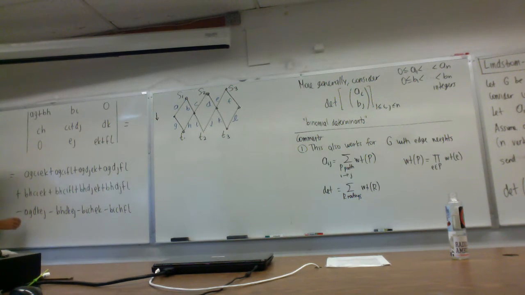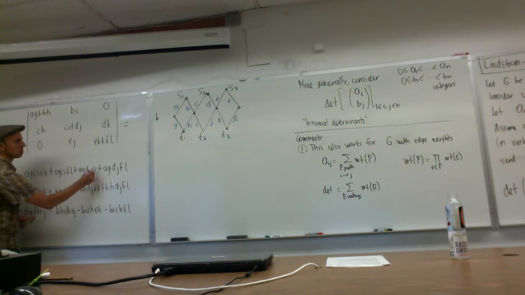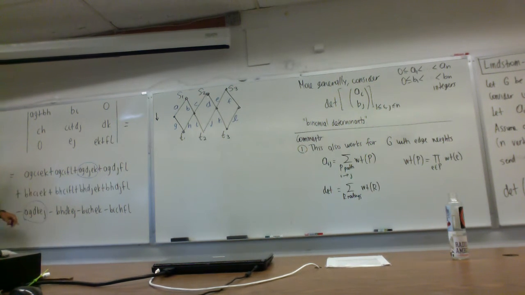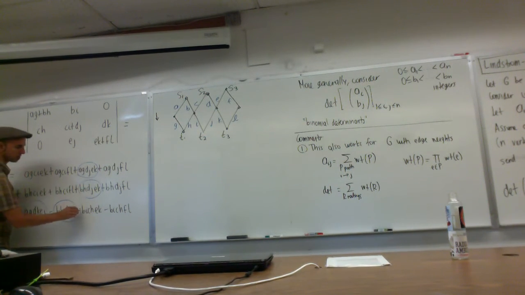For example, this minus right here, AG dk EJ, is the same as this right here. And similarly, BH dk EJ should be somewhere here. BICHEK is here. And this guy is this one.